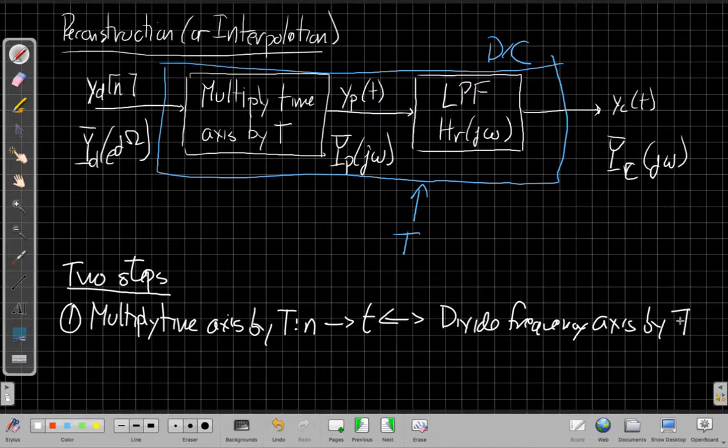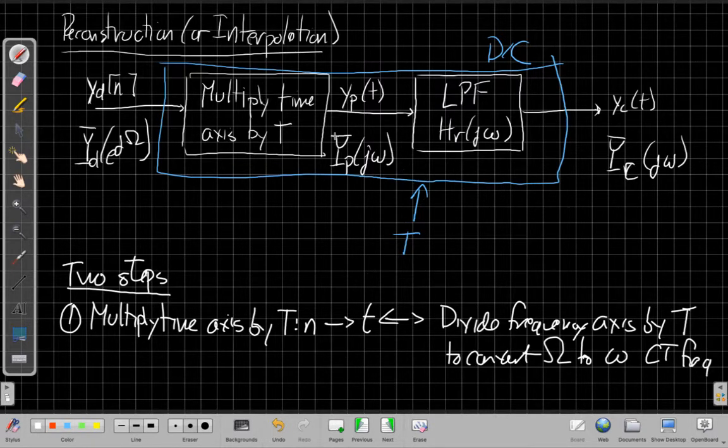By multiplying by T in time, I'm going to be dividing by capital T in frequency. So divide the frequency axis by capital T to convert the discrete time frequency big omega to little omega, the continuous time frequency.